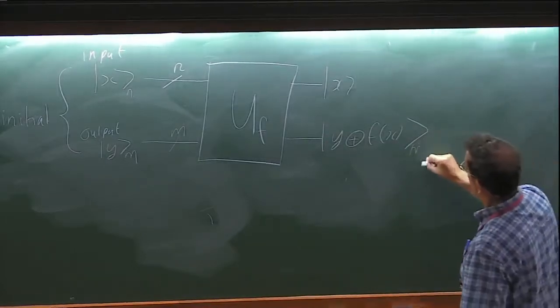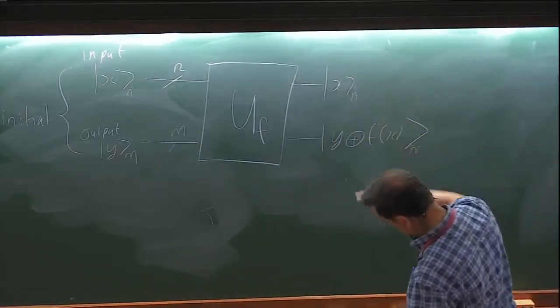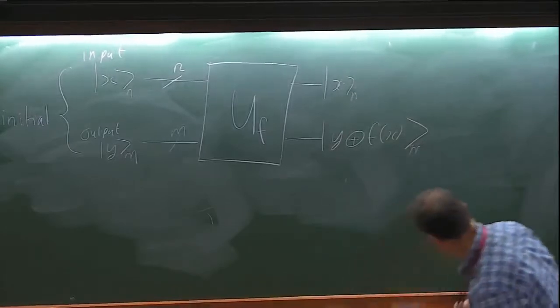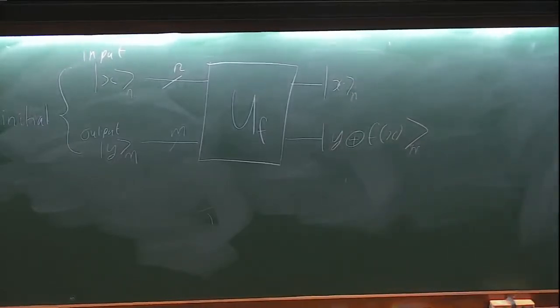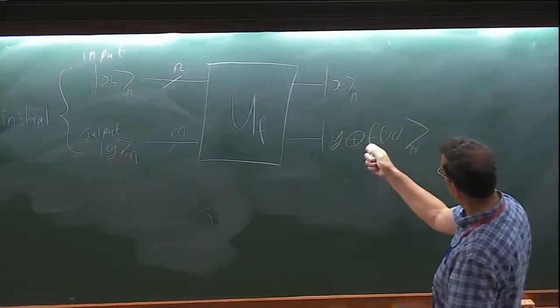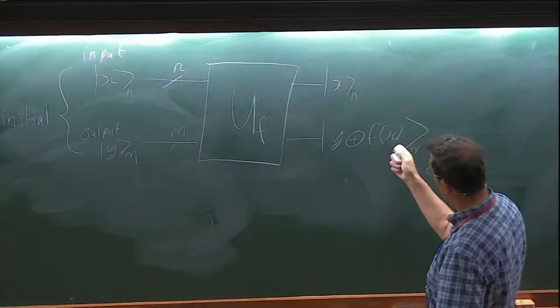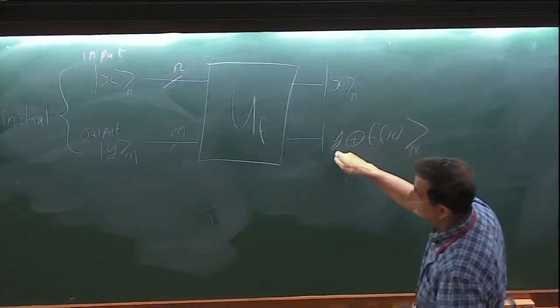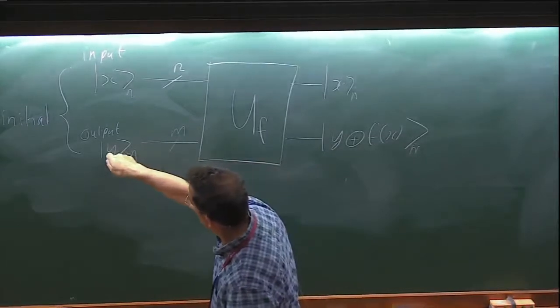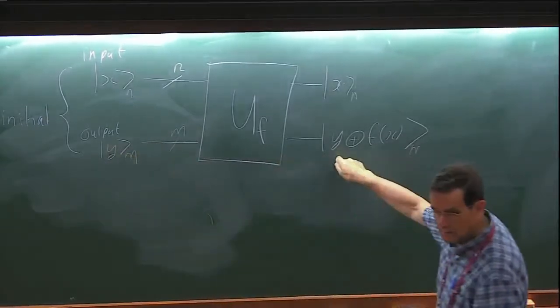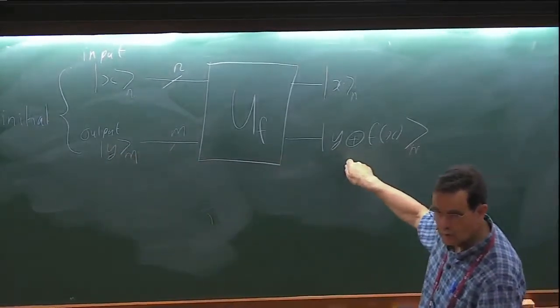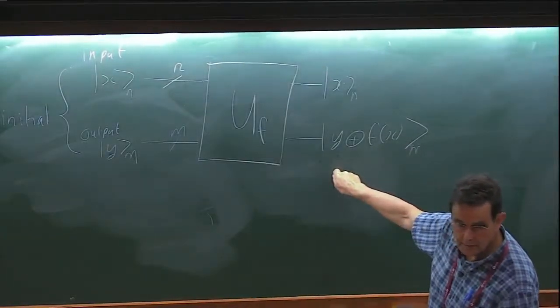This is with m, this is with n. So we keep the input. That's essential in order to be able to reverse the process. And the information about the function comes from determining whether whatever initial value I put for y here got flipped or not. If it got flipped, f was 1, and if it didn't get flipped, f was 0.